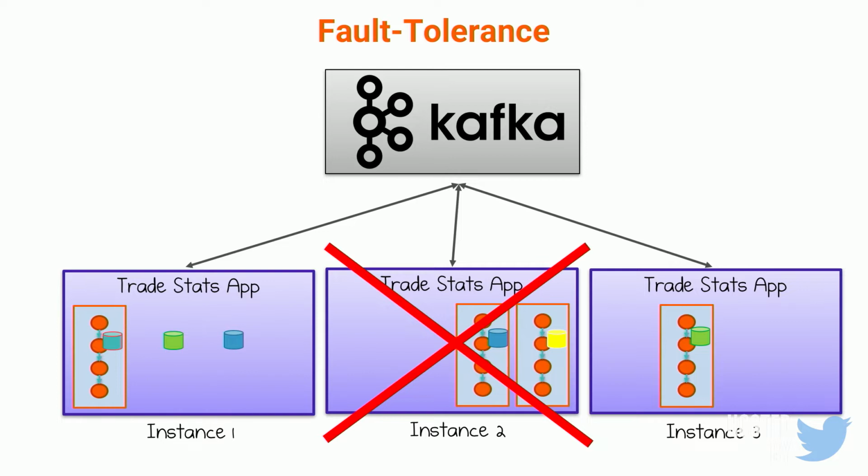And this helps us to decide to move the task that is responsible for the blue state into instance 1. So we don't need to recover the state completely because we already have it partially. And for load balancing reasons, we would move the other state, the yellow state, to instance 3, where we would first have an empty state that we first need to recover, and then we can start computing.